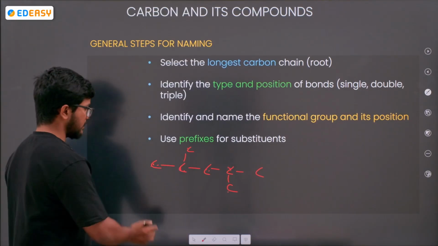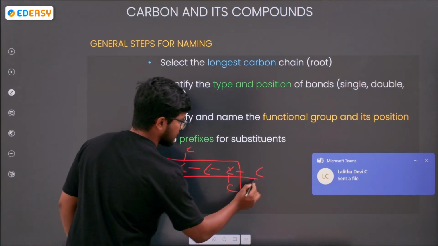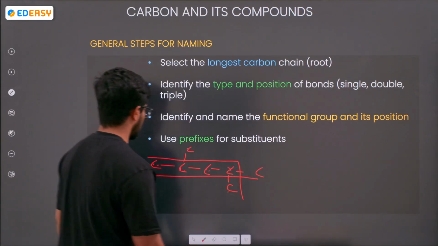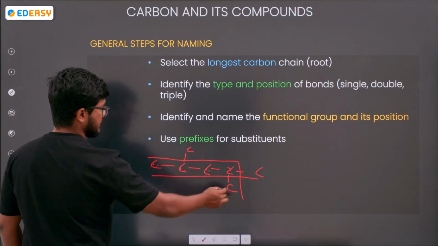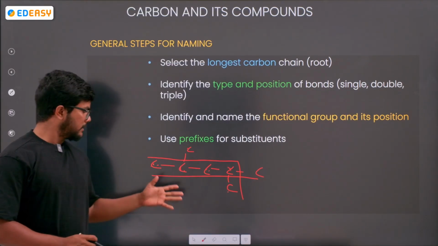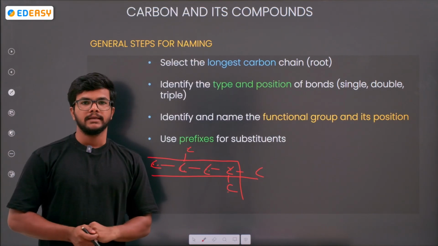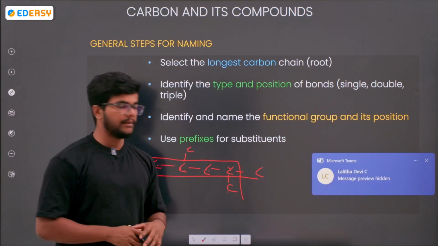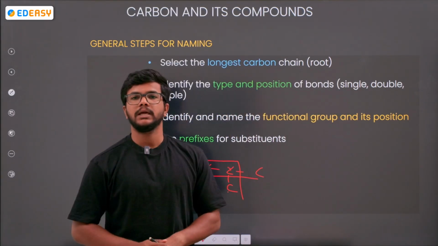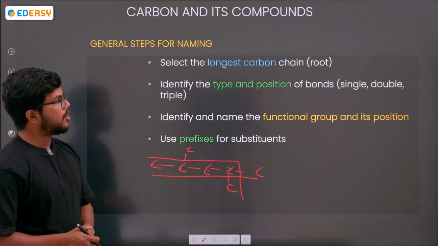So here you can choose like this, or else you can choose like this. Any type you can choose. It can be a linear chain or a branched chain or anything. So before giving a name to the compound, you have to choose the longest chain and identify the type and position of bonds.